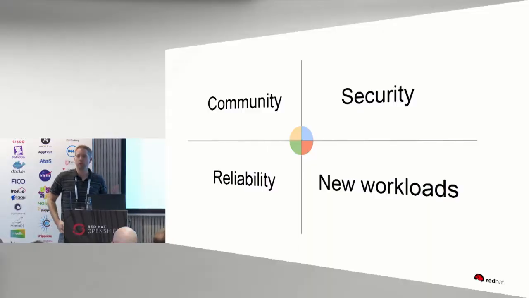Next slide, please. There are four things that really matter from an OpenShift perspective, and they also matter from a Kubernetes perspective. Community is extremely important to Red Hat, and to everyone who works on the OpenShift team. It's extremely important to everyone who works on the Kubernetes team at Red Hat, at Google, at CoreOS, at Weaveworks, at any of the companies that have come together in the Kubernetes community to build better tools for running applications.